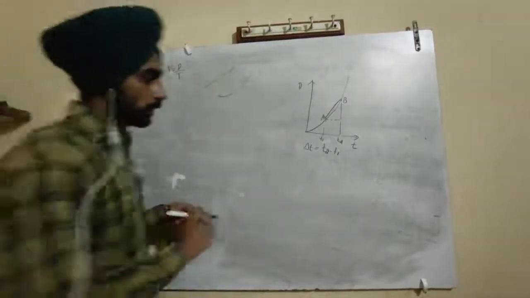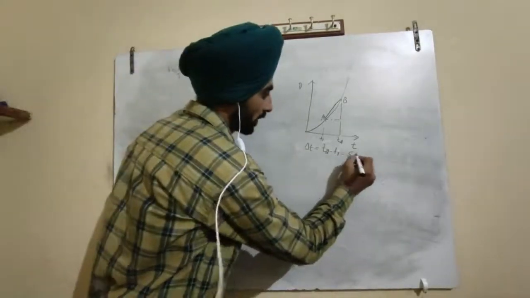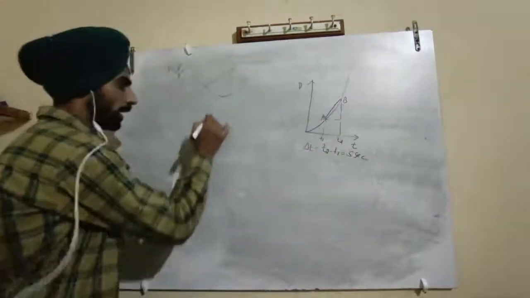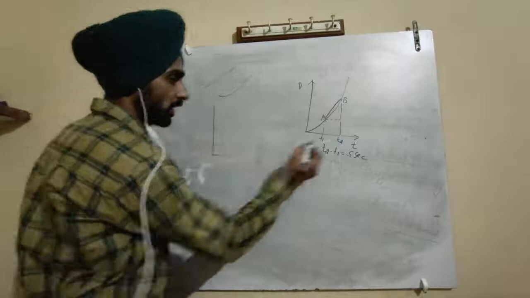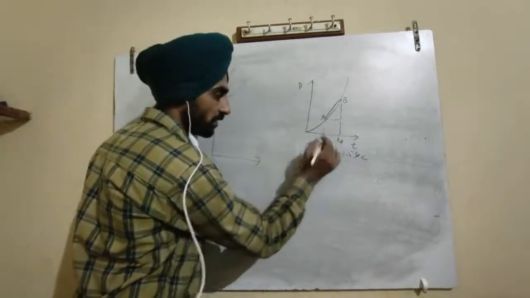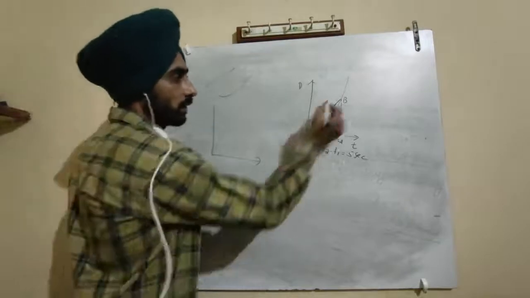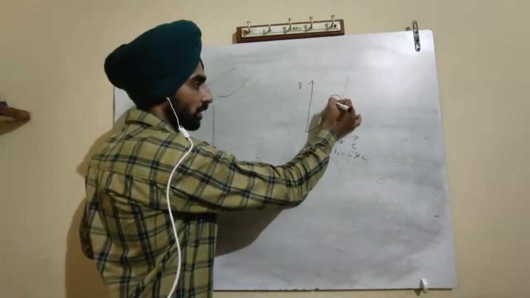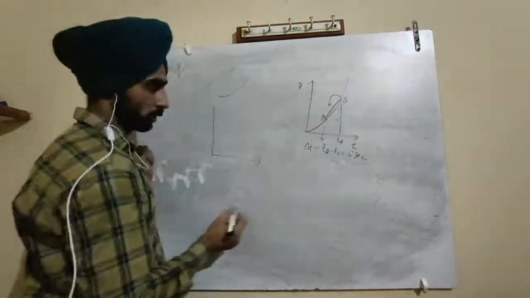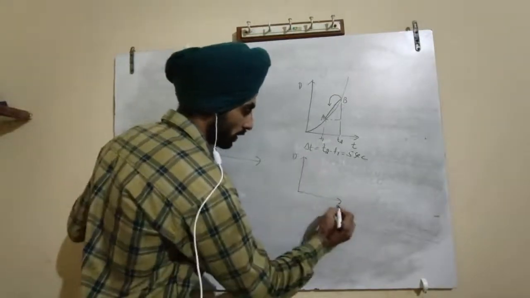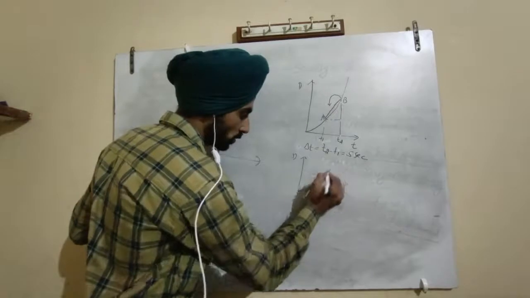Suppose this change in time is 5 seconds. Okay, suppose this is 5 seconds. And if this change in time is decreasing, what will happen? B will start coming near to A. Suppose in this case, I'm going to give you an example. This change in time has reduced.